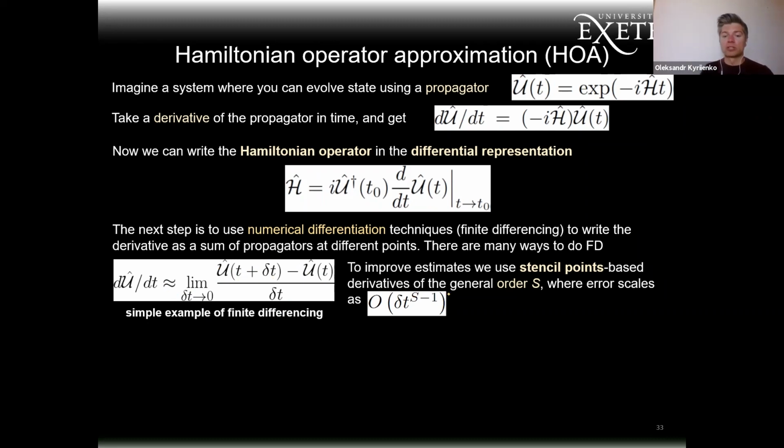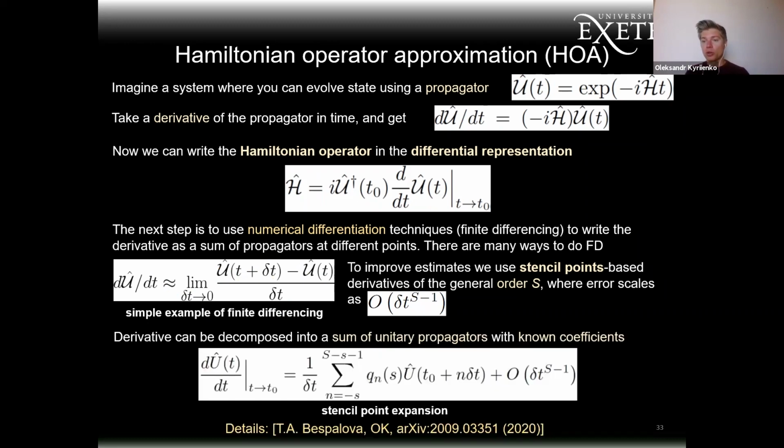The error will scale as a function of delta t and what I also call the stencil order. Usually we just take 2 points and divide by the distance between them, but there are more sophisticated techniques that use many points, and this helps improve the precision.